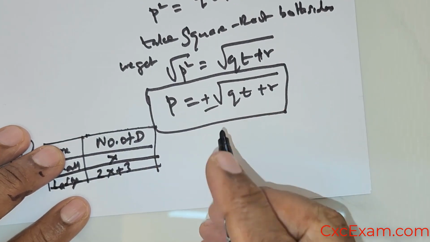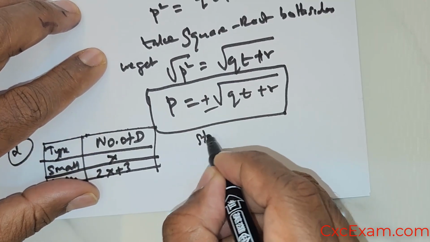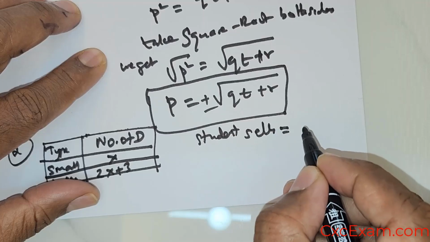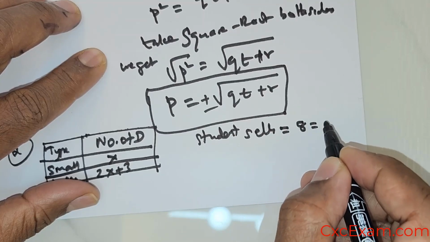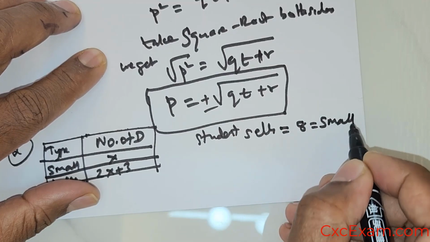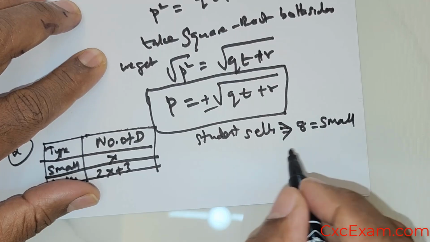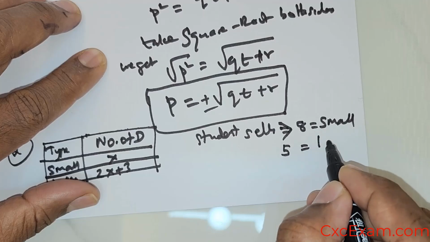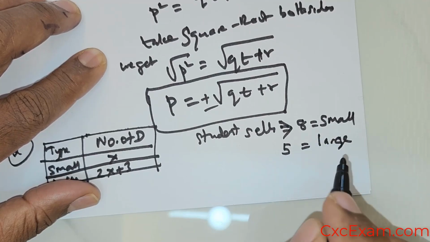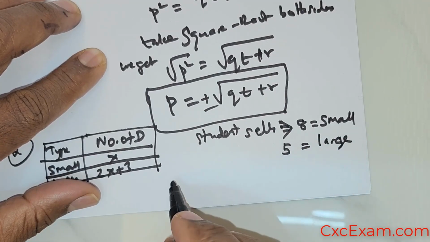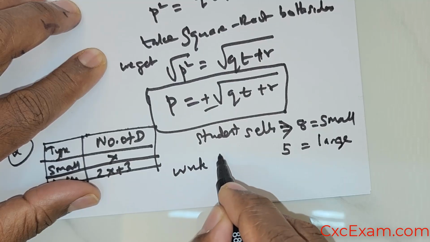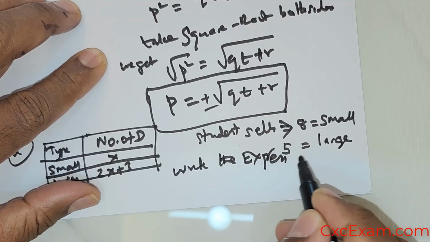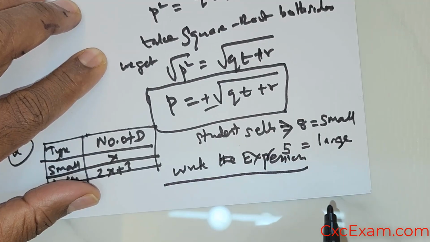Now it is given that the student sells 8 small boxes and 5 large boxes. Now what are we supposed to write? We're supposed to write the expression for this. Okay, write the expression.